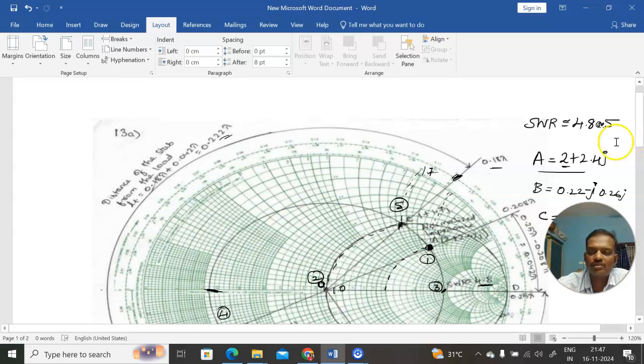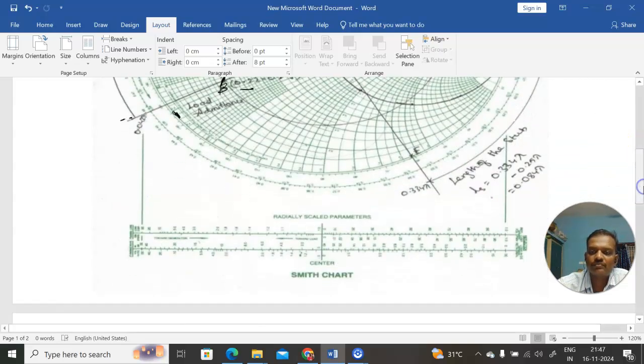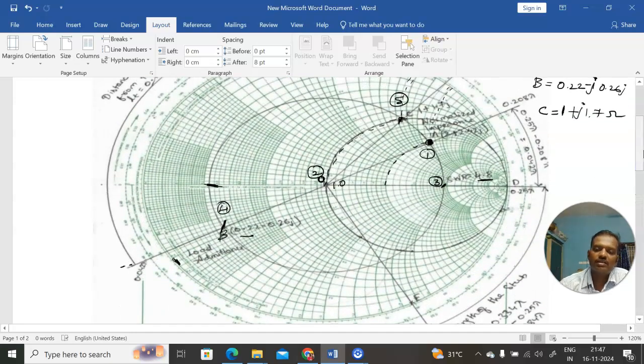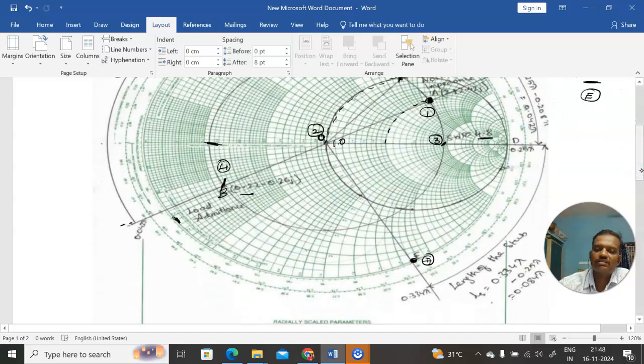Okay, then in order to find LS, so the sixth point is finding LT. So the seventh is 1.7. So the imaginary value of C is marked as E, which is in the bottom of the curve. So from O to E you are extending a straight line. So from where we are finding the difference.